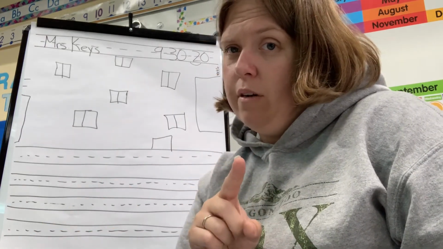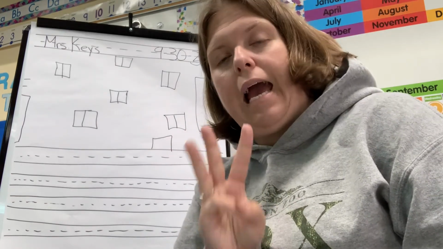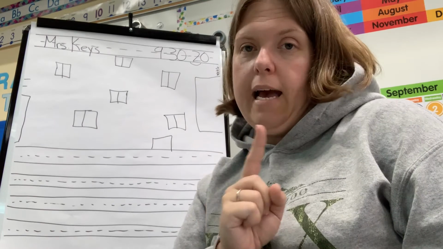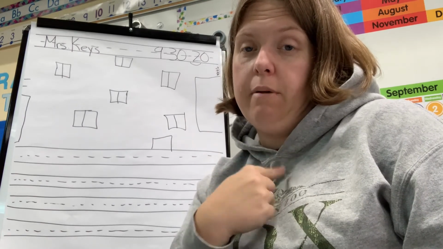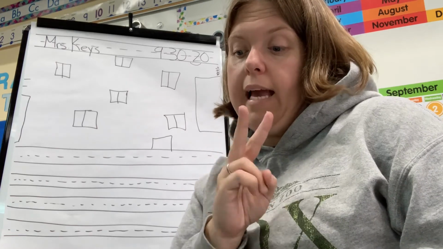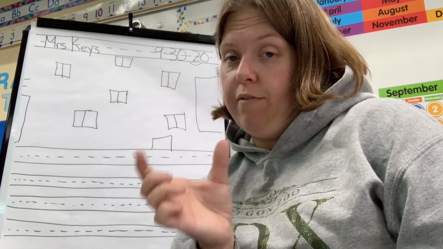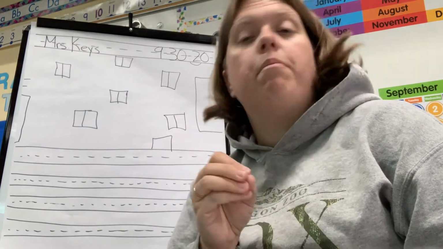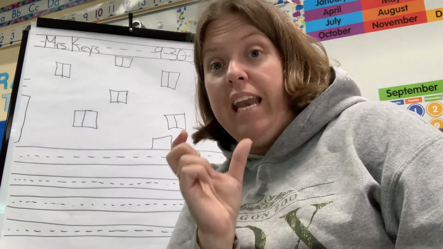Now remember, there are 3 reasons why we capitalize words. We always capitalize the word I, talking about ourselves. We always capitalize the beginning of a sentence. The first letter in the first word is always capitalized. And we always capitalize the first letter in names.